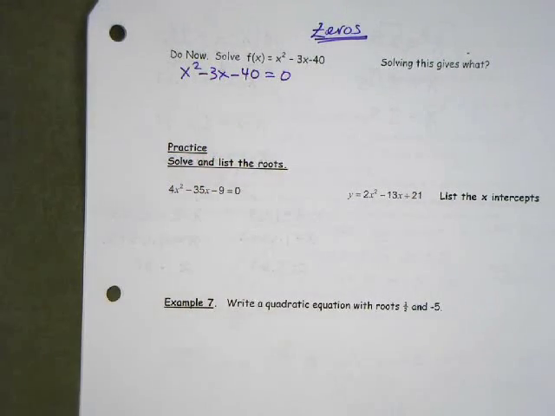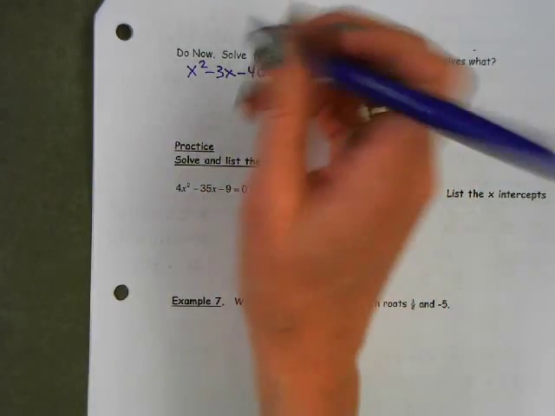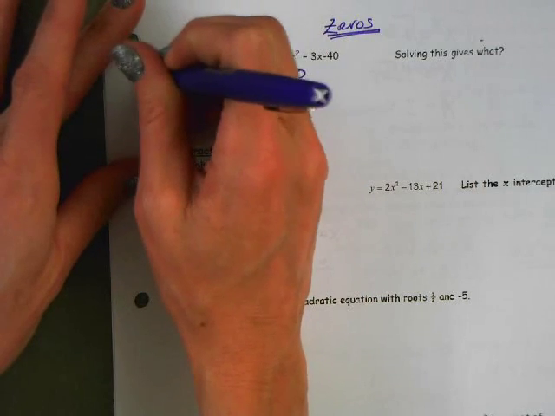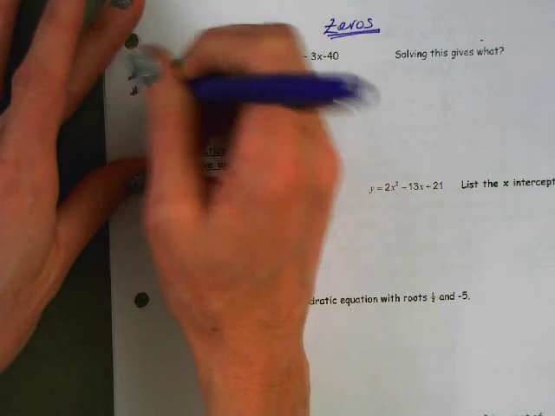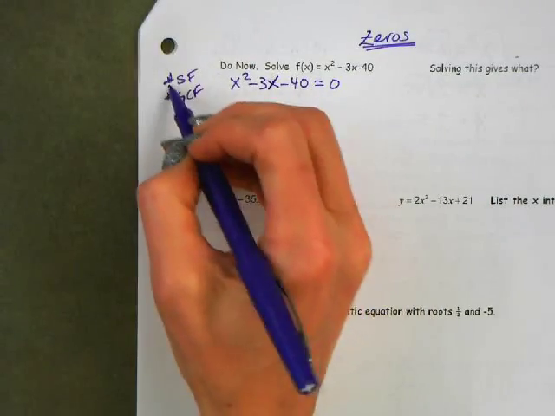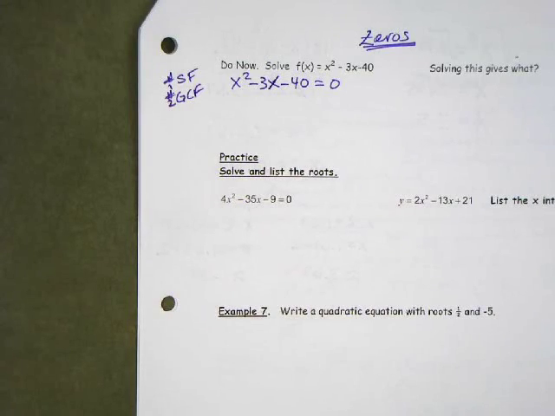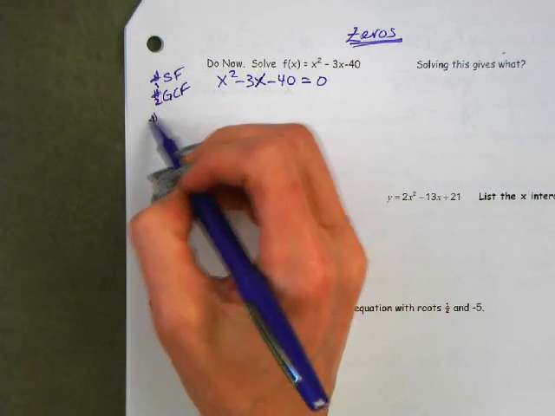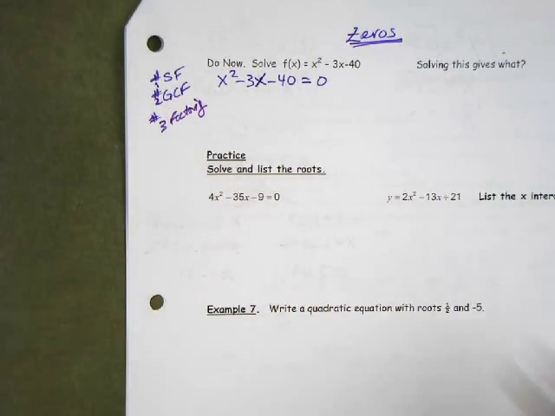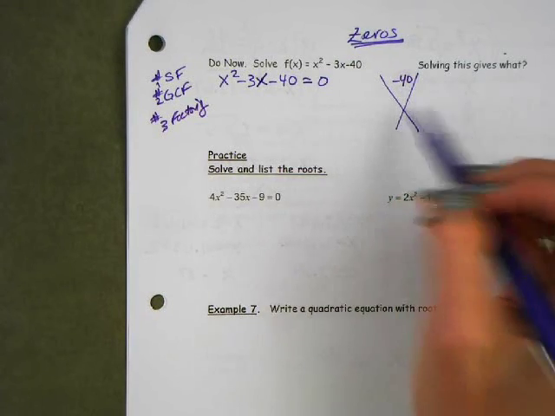Okay? And then I'm going to go through the whole factoring process. So number 1 is standard form. Number 2 is greatest common factor. Okay? So 1 and 2. No, I don't have any greatest common factor in that one. It's in standard form. So I go to number 3, which is factoring. So I have a -40 and I have a -3.